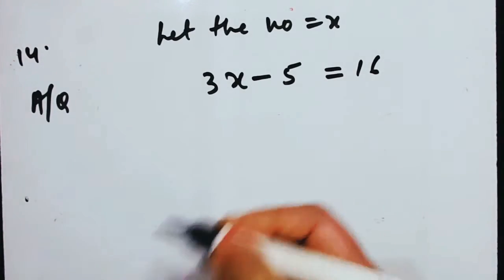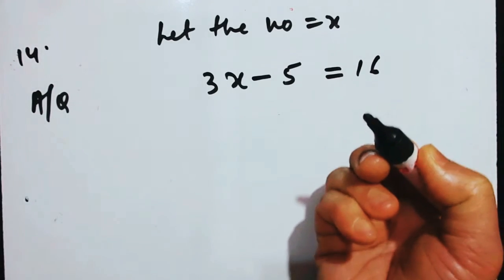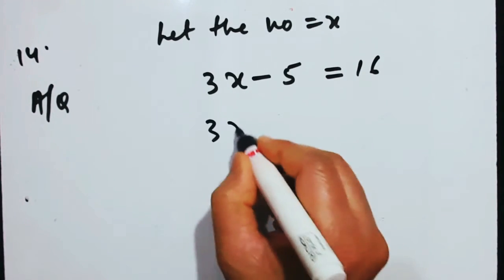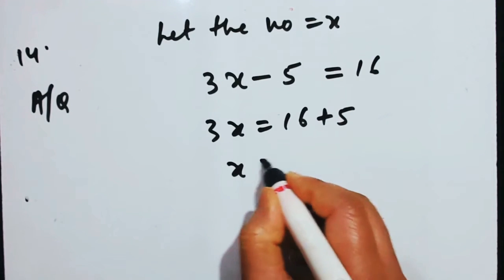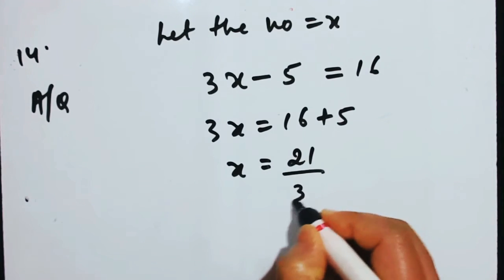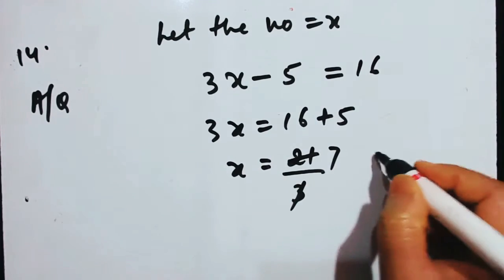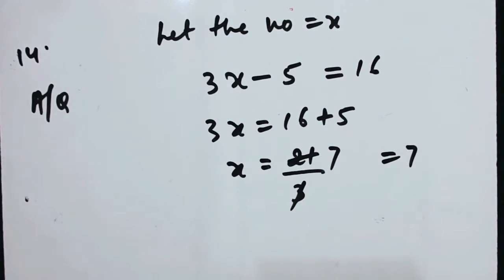It is up to you how well you can understand and solve it. 3X will be equal to 16 plus 5, and here X will be equal to 21 by 3, that is 7.